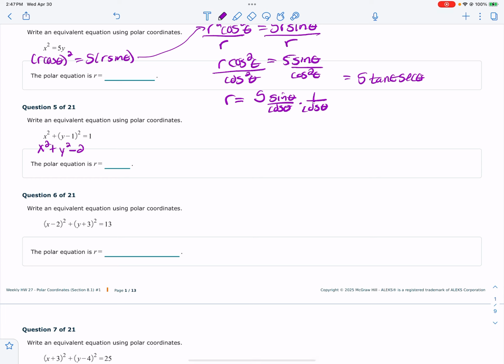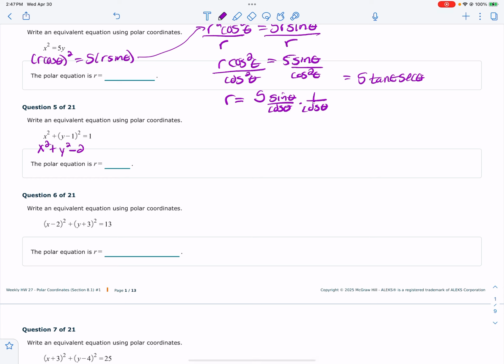Now I'm going to try to simplify before I substitute. So I'm starting back with the same problem. I'm just curious here if this is going to be faster. If I FOIL this, I'd get x squared minus 4x plus 4, and if I FOIL this, I'd get y squared plus 6y plus 9 equals 13. So the 4 and the 9 and the 13 are gone. x squared plus y squared is, sorry, is r squared.